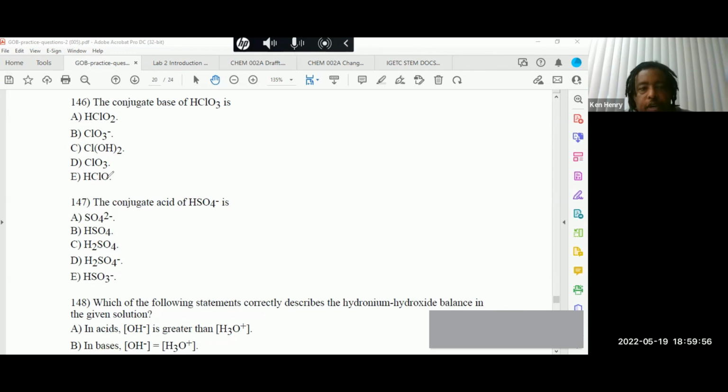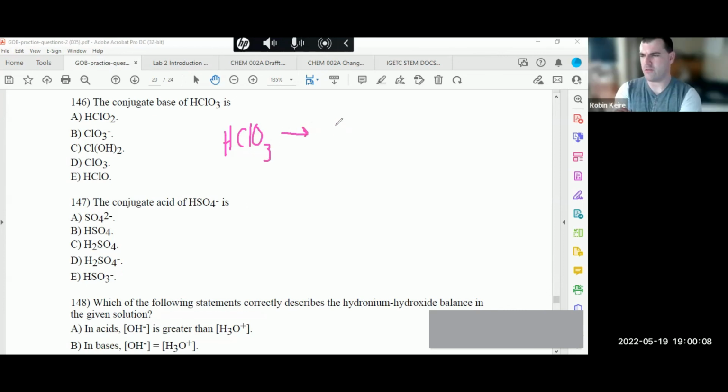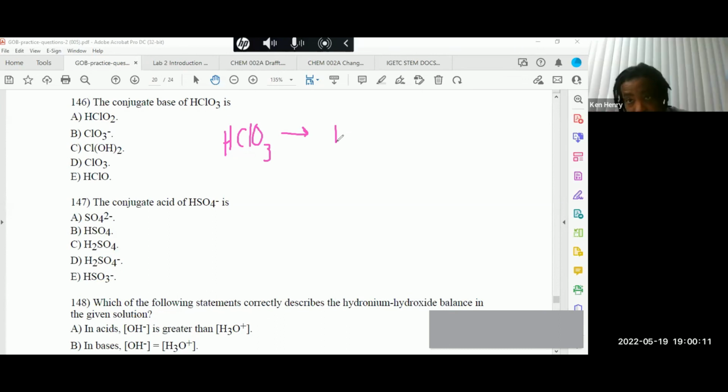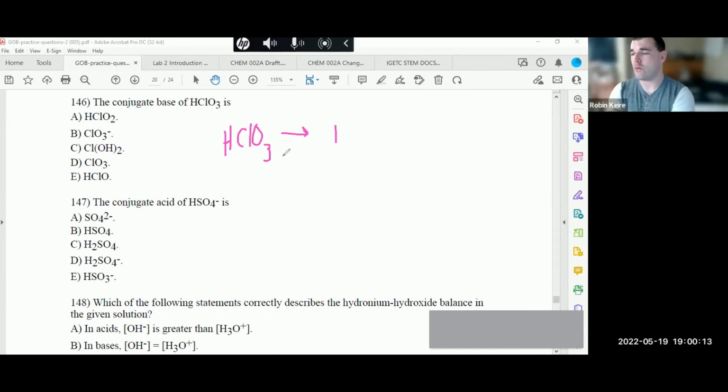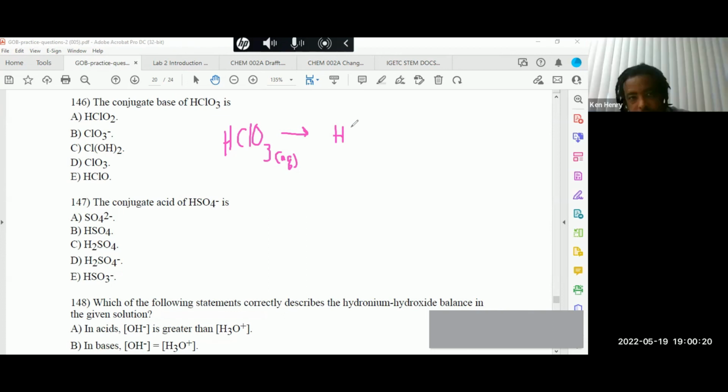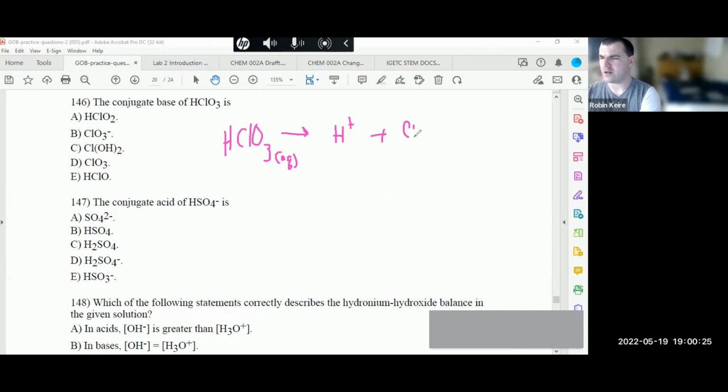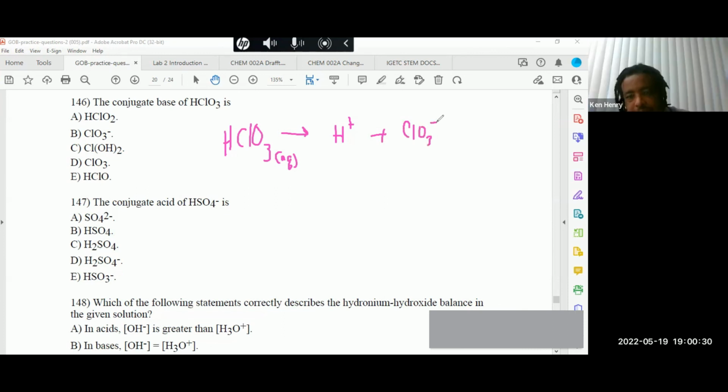The conjugate of anything is on the other side of the reaction. So if we have HClO3 as an acid, what happens to that acid? It turns into H2O. An acid does by itself? Oh, no. So it dissociates into the H plus ions, right? Yep. So we get an H plus and we'll get the chlorate ion, right?